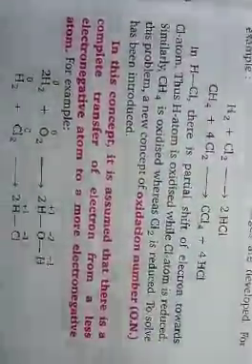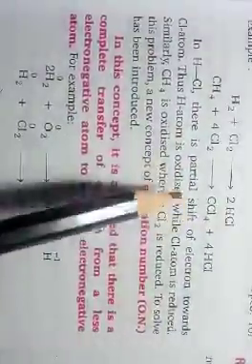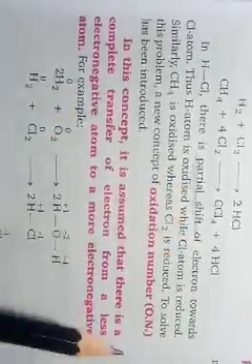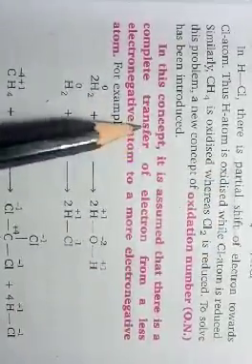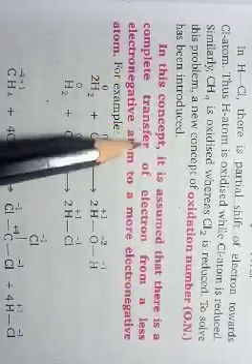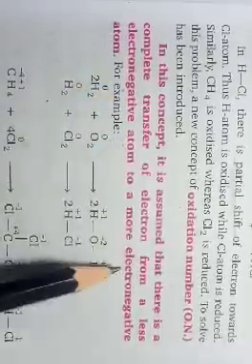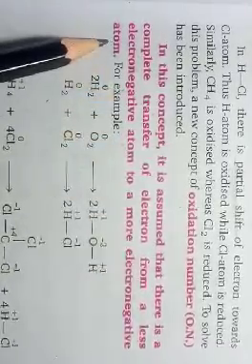Okay, students. On the basis of partial shift of electrons, we are going to assume that there is a complete transfer of electrons from a less electronegative atom to a more electronegative atom.